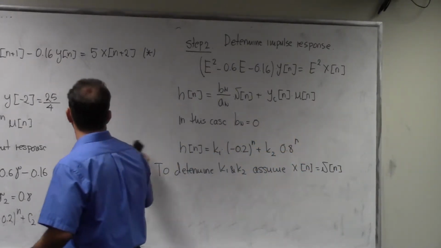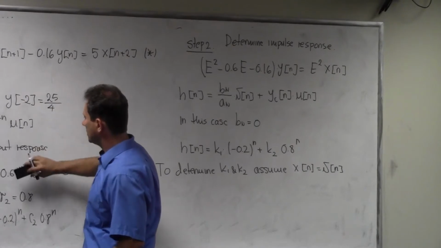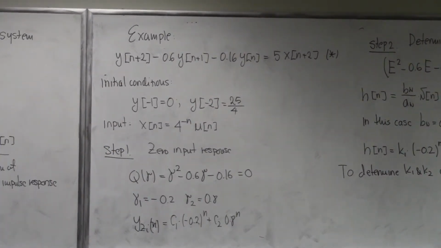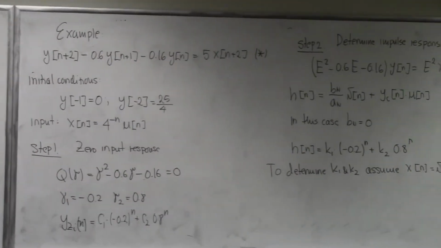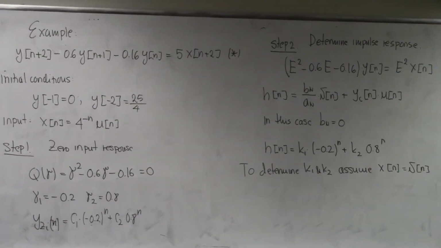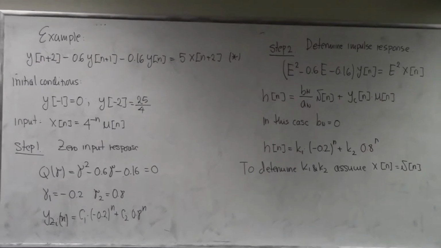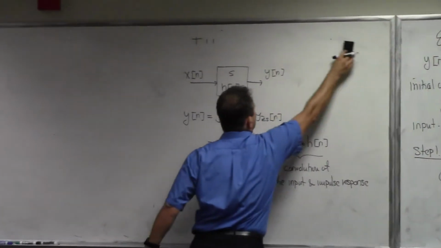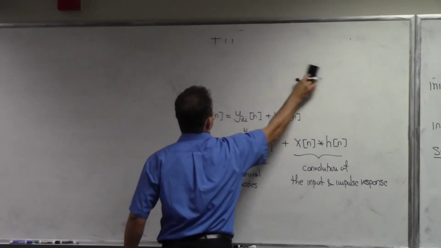And then we use this equation here, or the one that I just erased, to determine what the values of your impulse response need to be at 2 consecutive times. I don't need more than 2 because the order of my difference equation is 2, and I have 2 constants that I need to determine.